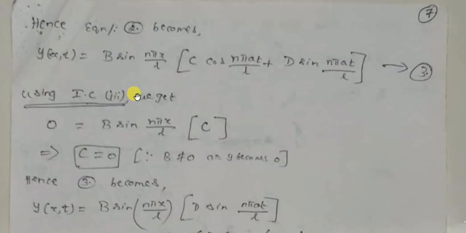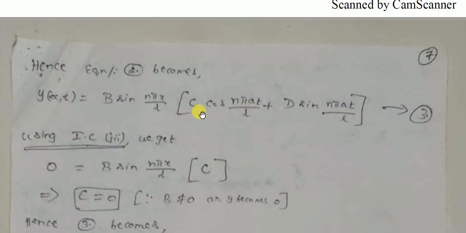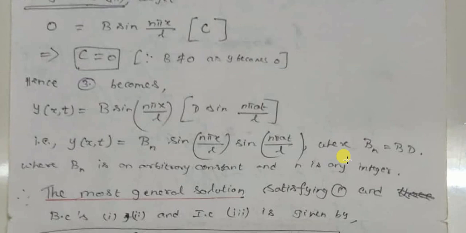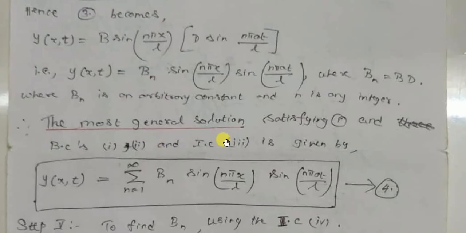So substituting C as 0 in equation number 3, we can update the solution as B sin n pi x by L, the C term will not be there, then D into sin n pi at by L. Then combining B and D, we can write it as Bn, and we can write the most general solution as summation n varies from 1 to infinity Bn sin n pi x by L sin n pi at by L. In the previous problem we had cos here, because we got D as 0, as velocity was taken as a boundary condition.